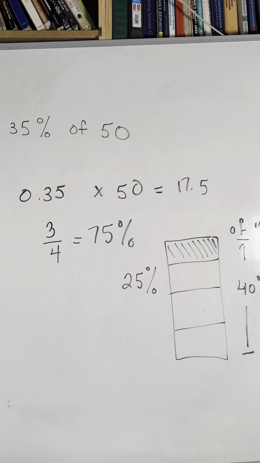Because we're again changing the 25% into its decimal equivalent. So n is the unknown, and n equals 0.25 of, that means times 40. So n equals 0.25 times 40, which is 10.